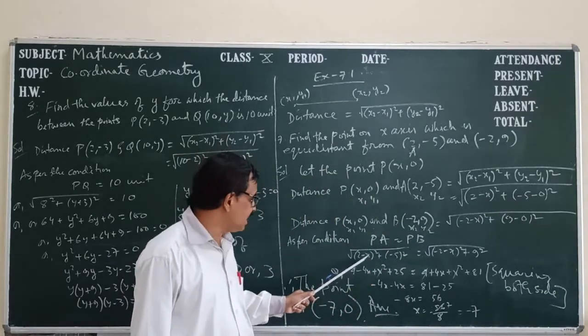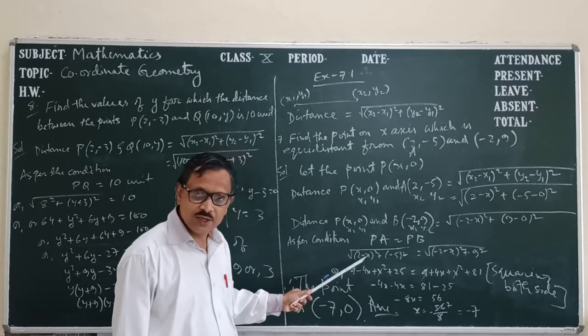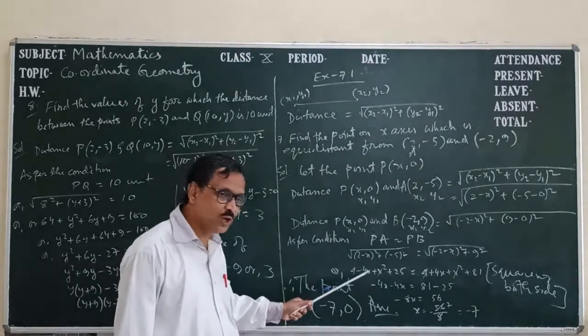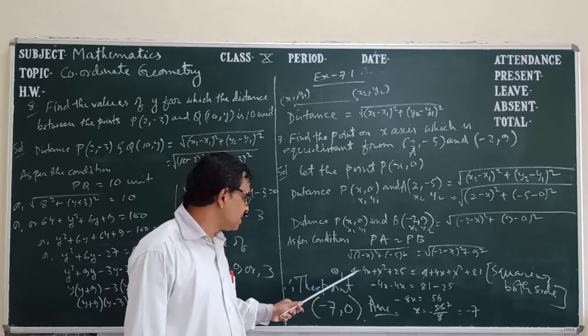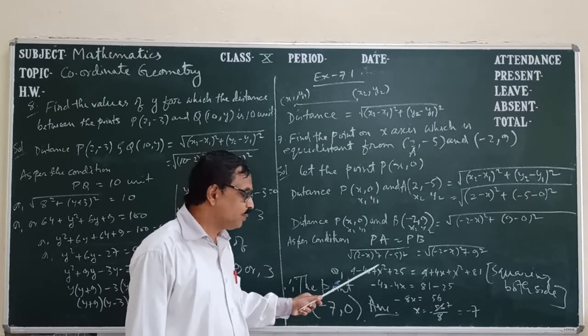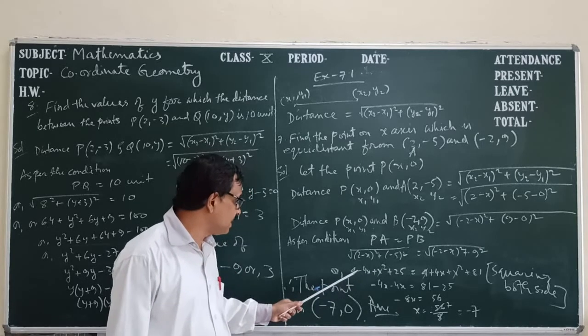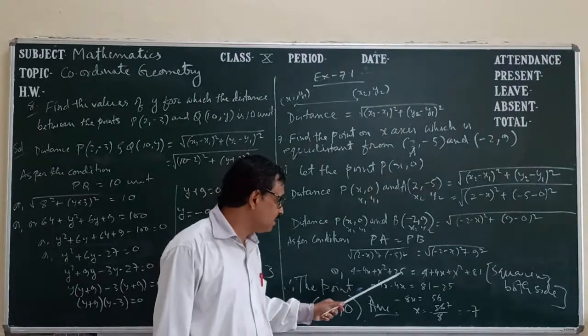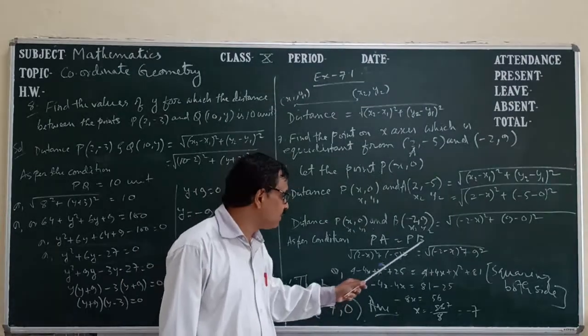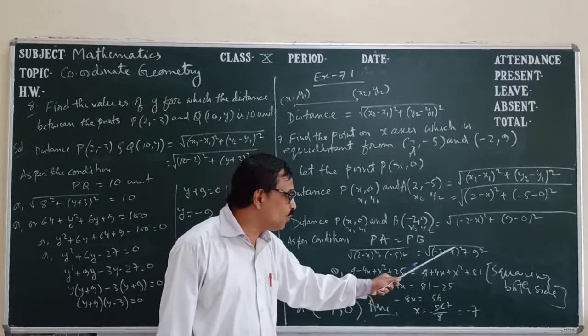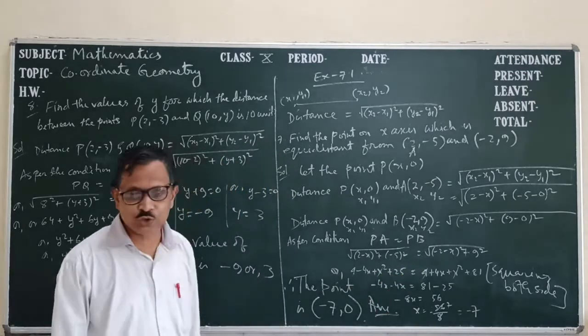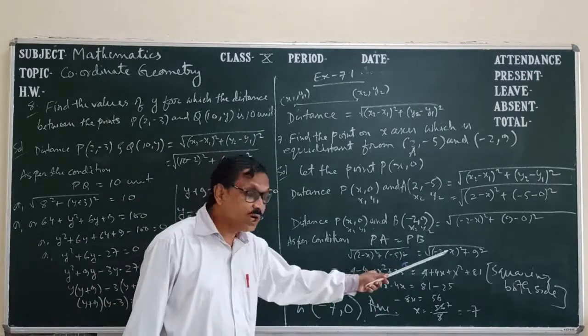Then the square of (a minus b) whole square is a square minus 2ab plus b square. So a square is 4 minus 2 into 2 into x plus x square, and 5 square is 25. And (minus 2 minus x) whole square means both are minus.